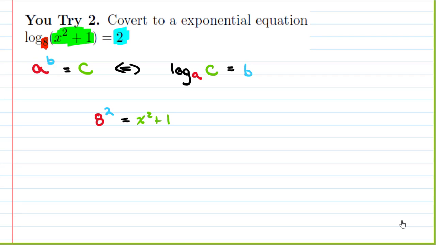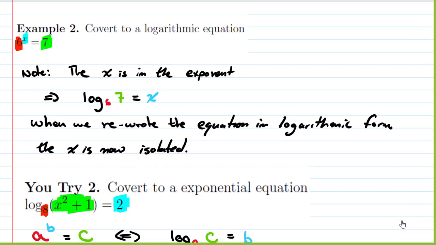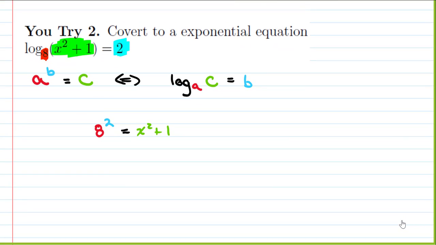So notice in this one, the opposite thing happened that was in the previous example. In example 2, our variable was trapped inside of an exponential. It was the exponent. And when we rewrote it in logarithmic form, our variable was now free to be isolated.